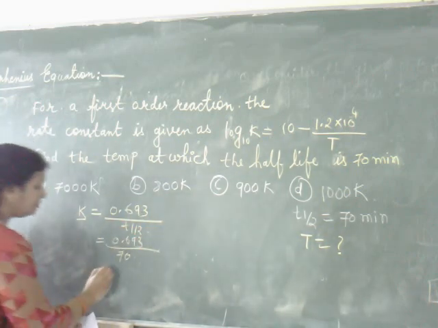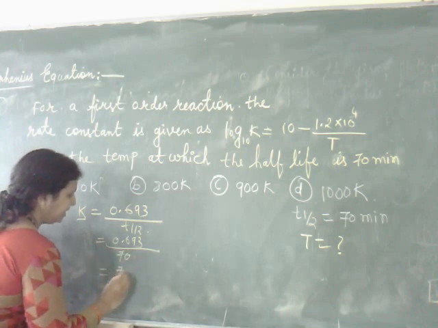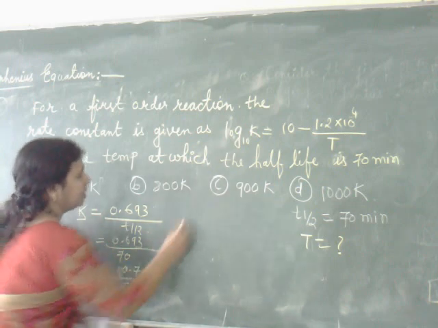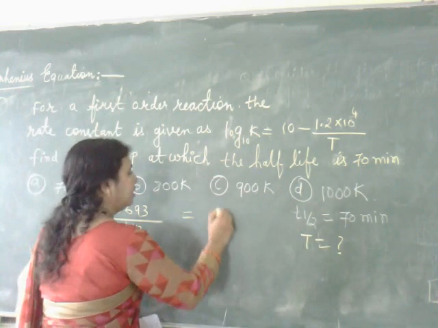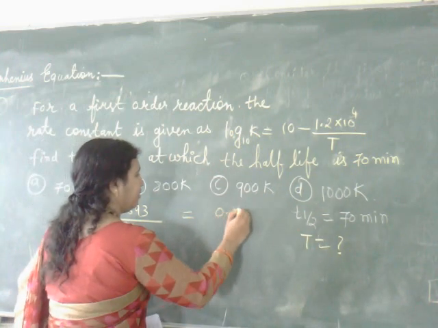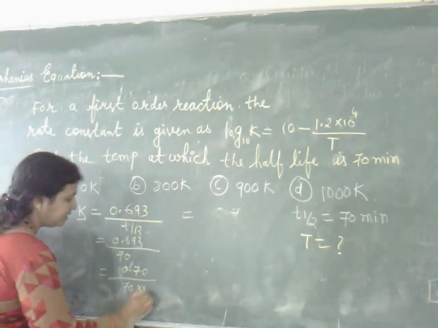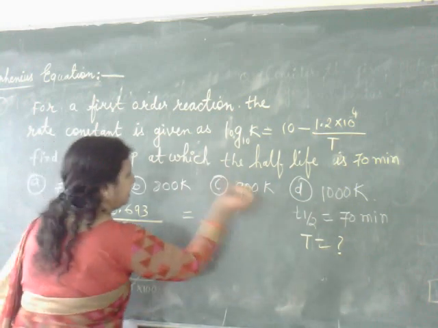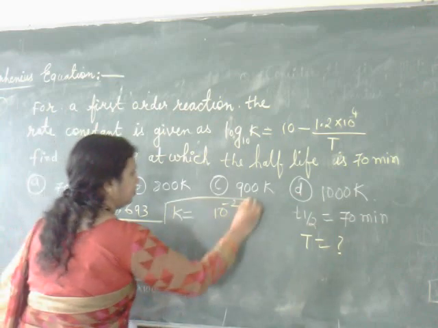So this 0.693 approximately, just take it as 0.70, divided by 70. Point cancel here, just push 100, so it becomes 70, 70 cancel. What will we get here? 10 raised to minus 2. K value we got 10 raised to minus 2.